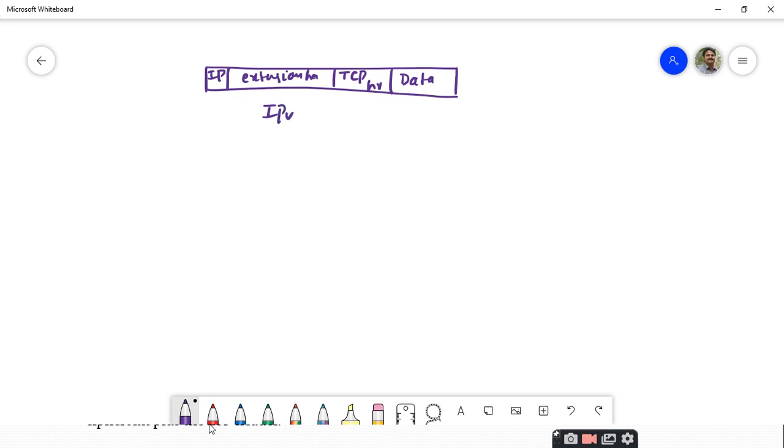So this is IPv6 without ESP. So what happens if we use the ESP in the transport mode?